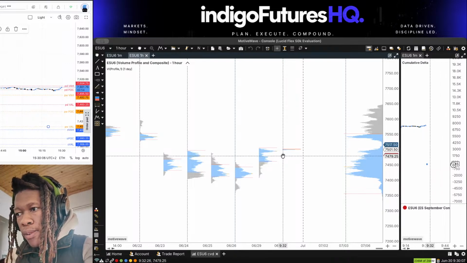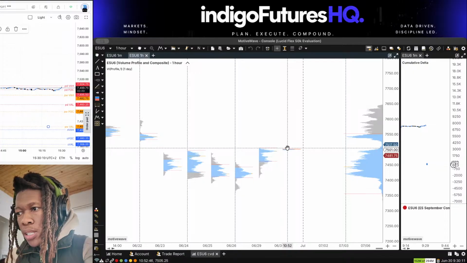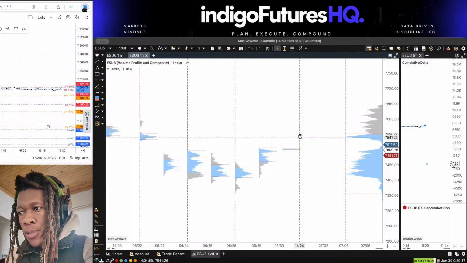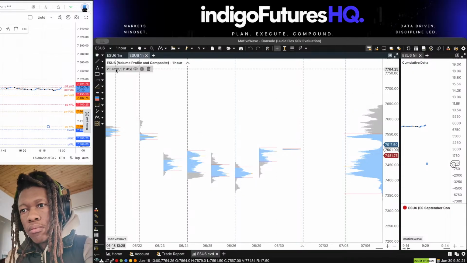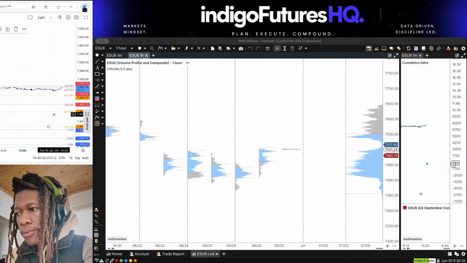We open within value, so unless we get a clean break on one side, maybe we could target 551. We'll just switch in between and make sure, but yeah, that's the bell, man.